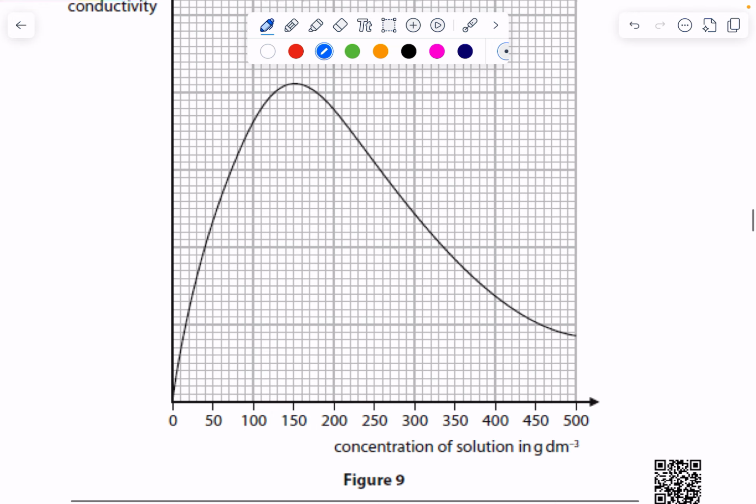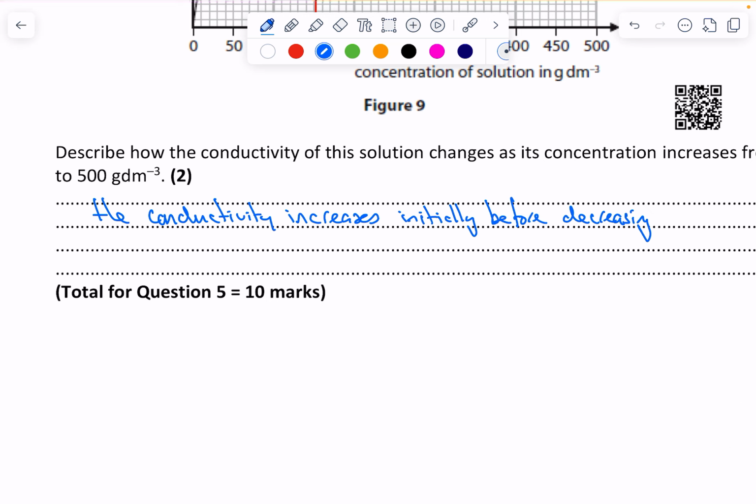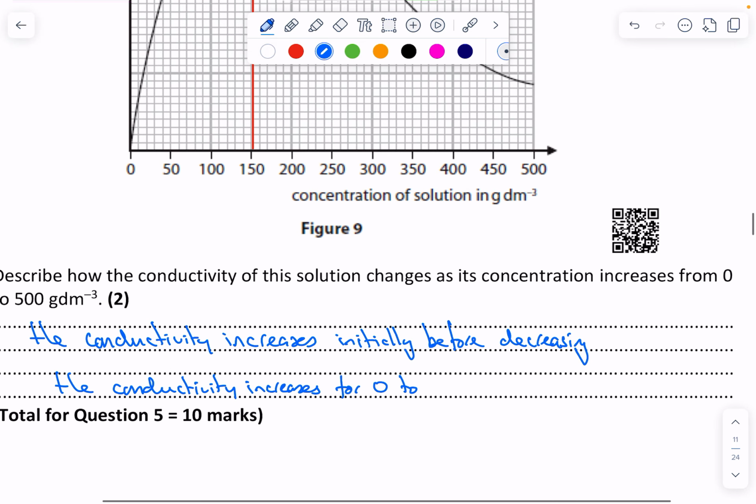And then to get a second mark, it's always good to explain a number from the graph. What I'm going to do here is say, if you look at what's gone on, when it's 150, that's when it's actually reached its maximum. So I'm going to say then that the conductivity increases from 0 to 150 grams per decimeter cubed, which is the highest conductivity.